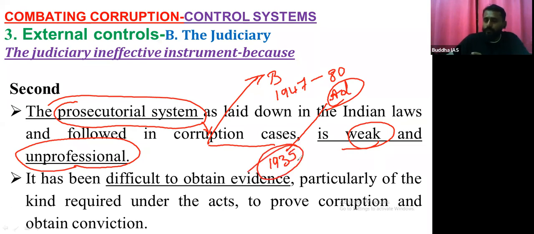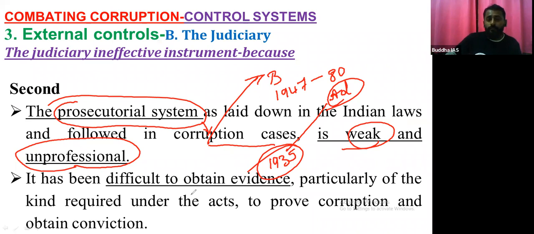The point which you have to internalize here is, these were the laws made at British time to protect the executive, to protect the civil servant who was acting on behalf of the British government, right?